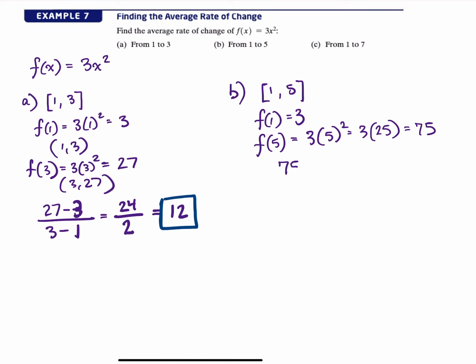So 75 minus 3 over 5 minus 1. So that will be 72 over 4. And then we can just divide them each by 2 at least. So that's what, 36 over 2, which is 18. So just reducing in a few steps.